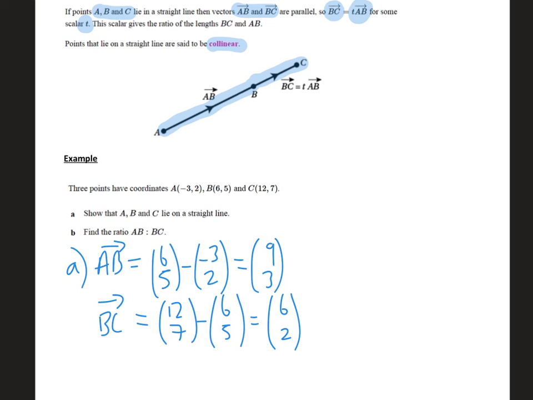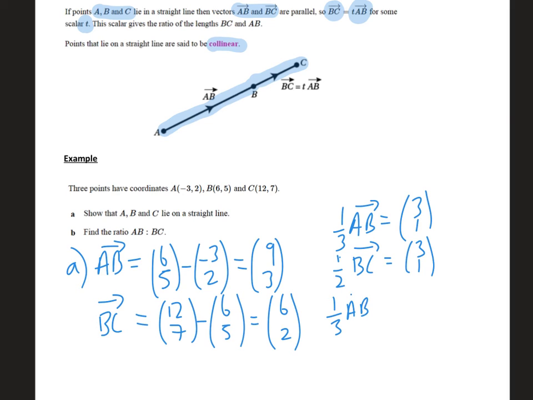To show they're parallel, a third of AB is (3, 1), and half of BC is (3, 1). So a third of AB equals half of BC, so AB equals 3/2 times BC.